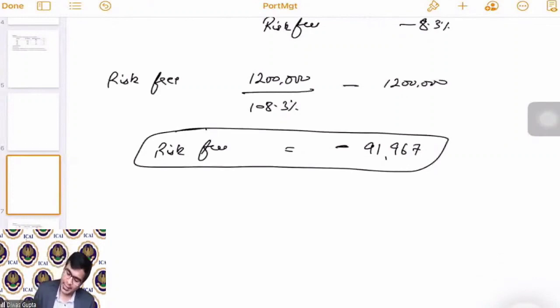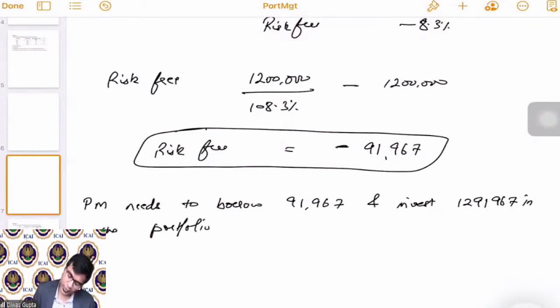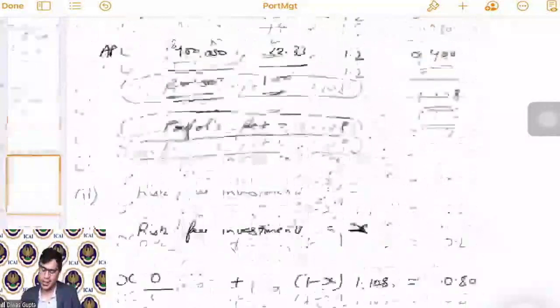Okay, so we can write it like this, that the PM needs to borrow 91,967 and invest 12,91,967 in the portfolio above in the same proportion between the different securities.